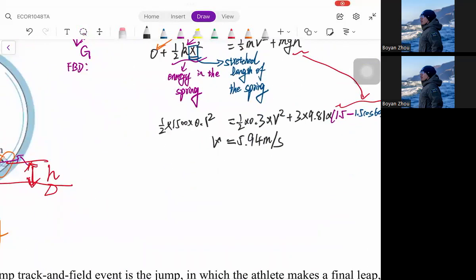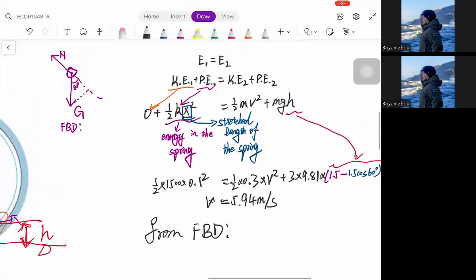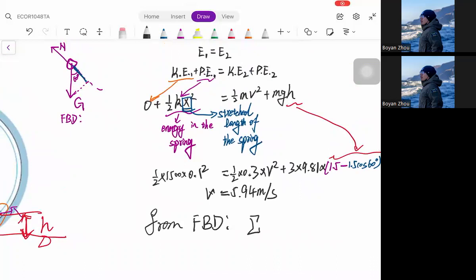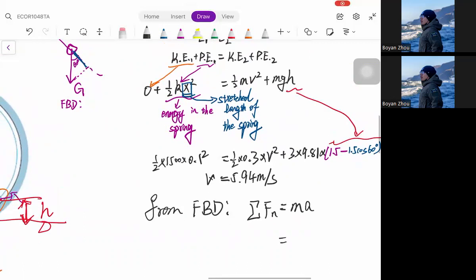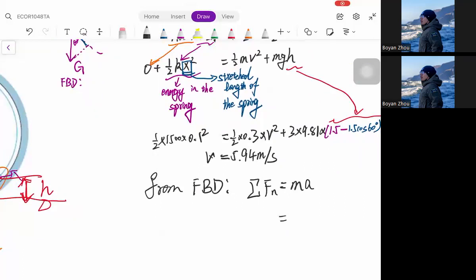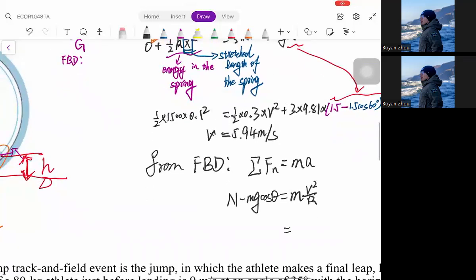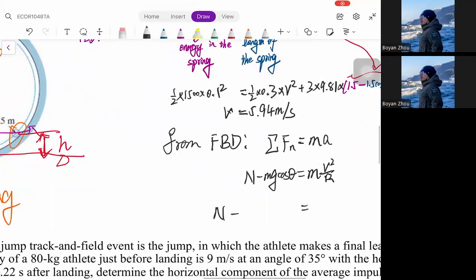On the free body diagram, we know that the resultant force in the normal direction, the direction pointing inwards towards the center of the circle, is equal to ma. a is the centripetal acceleration, and the force pointing towards the center is N minus mg cosine theta, which is equal to m times v squared over r. So we just need to plug in the numbers.